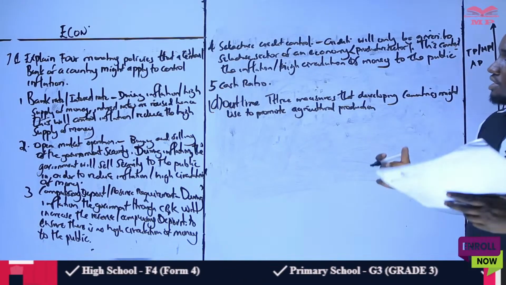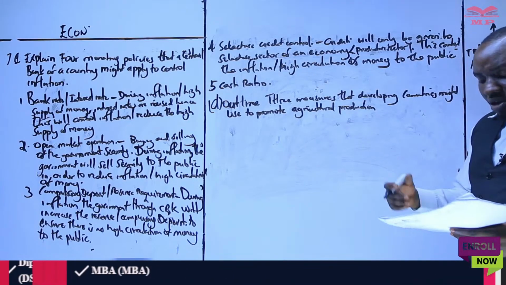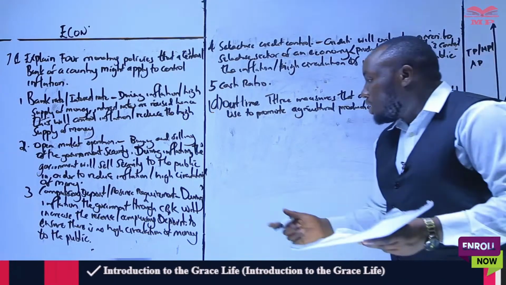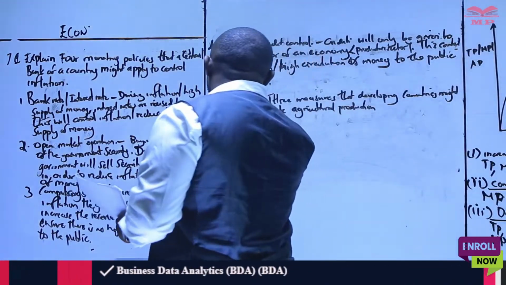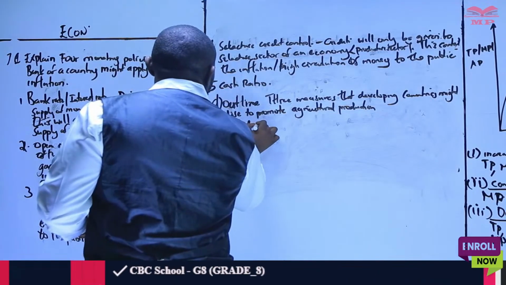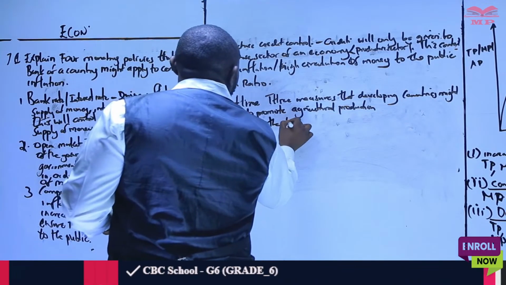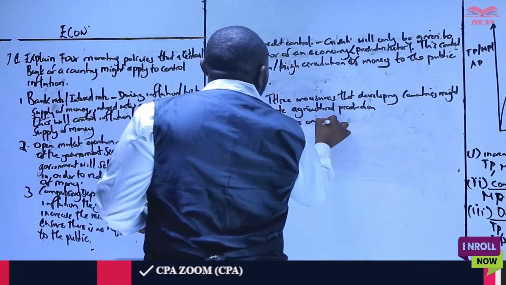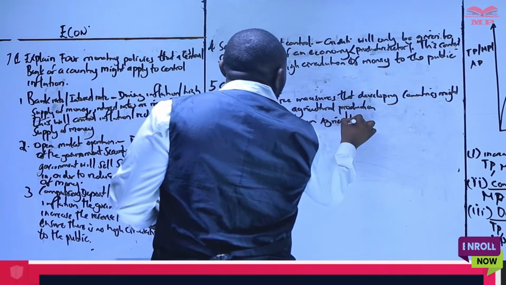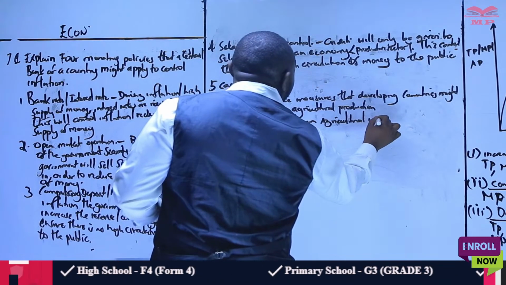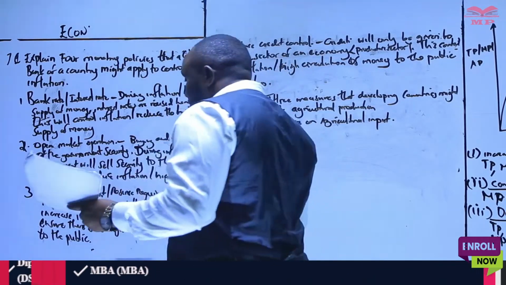So this is a very open question. One of them is to reduce taxes on agricultural inputs, so you make agricultural inputs cheaper, and this encourages production.